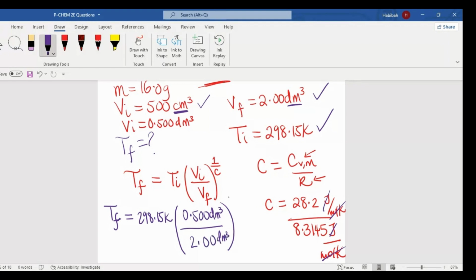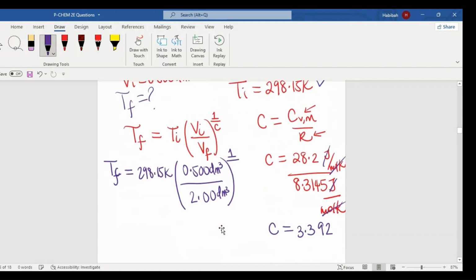All of that information raised to the power of 1 over C, and C is simply 3.392. So T final is going to equal this.